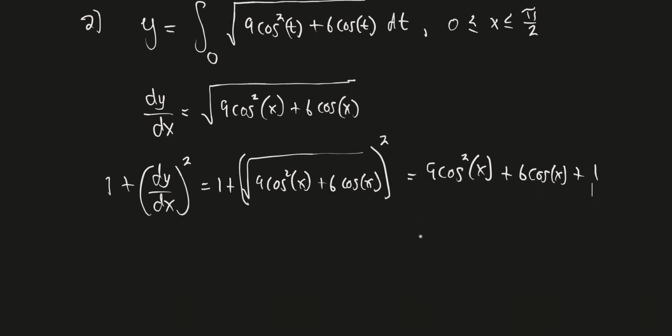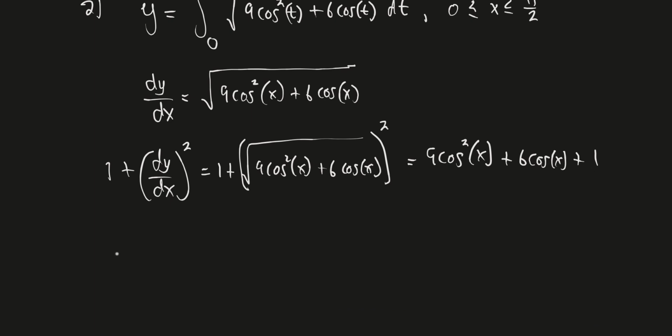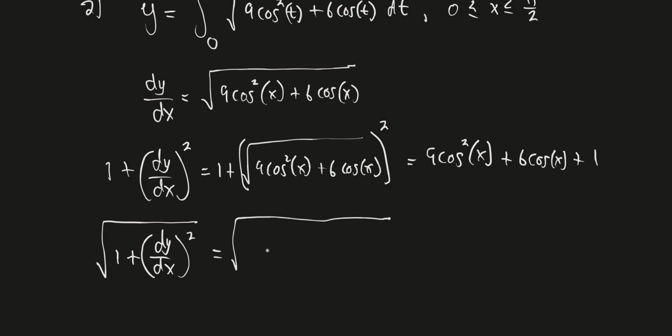But again, before we set up the integral, let's see what we can do to simplify this. Because remember, this is what we're going to have to integrate: the square root of 1 plus the derivative squared. So the question is, how does this crazy function that's now under the square root get simplified?